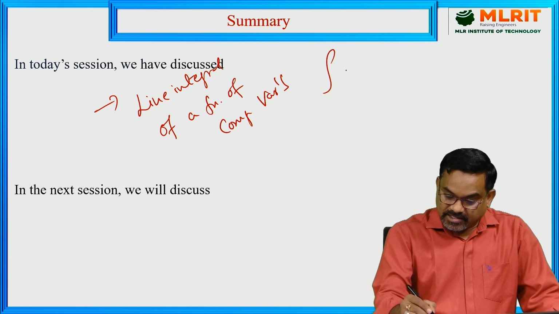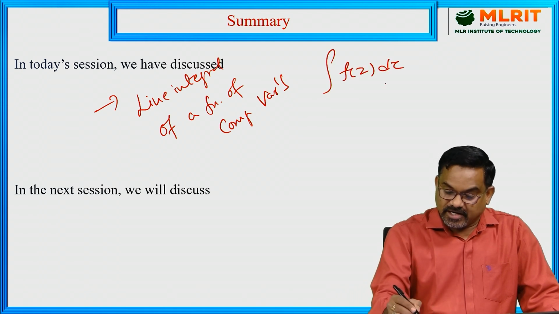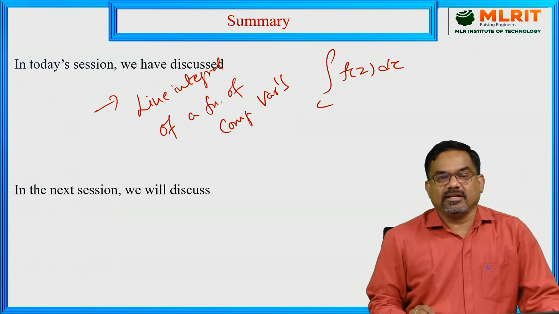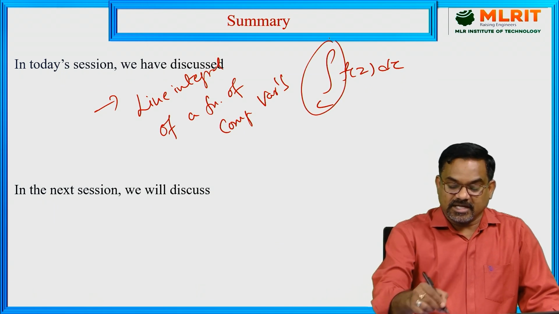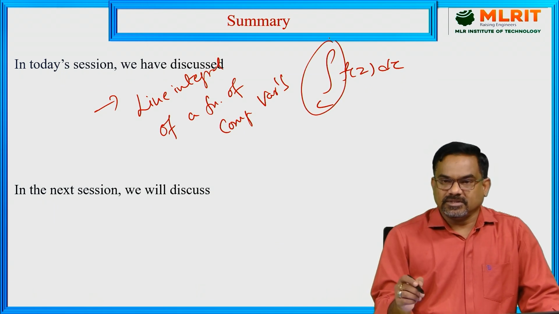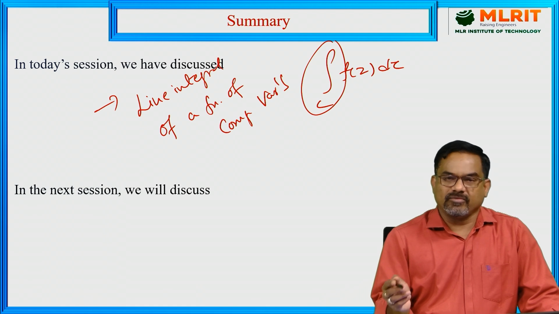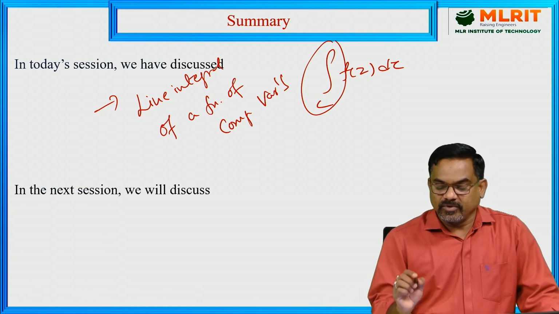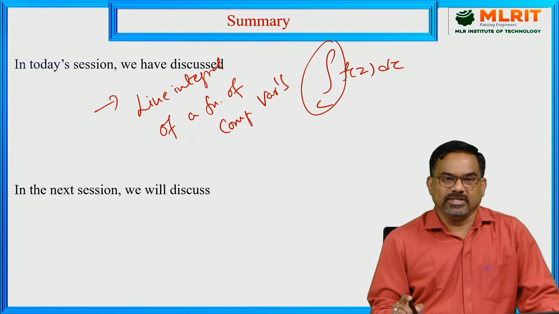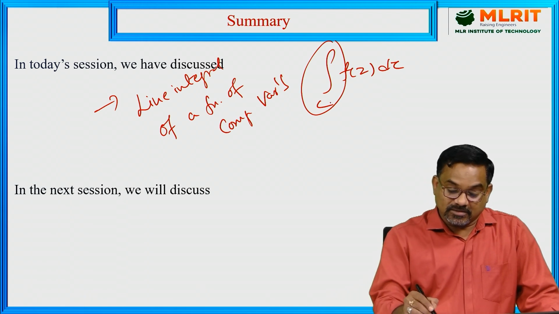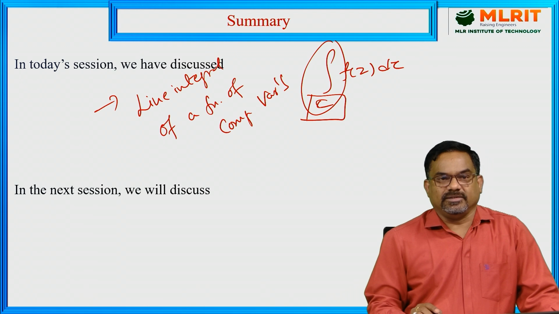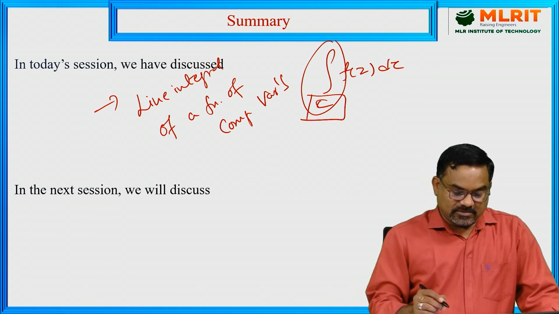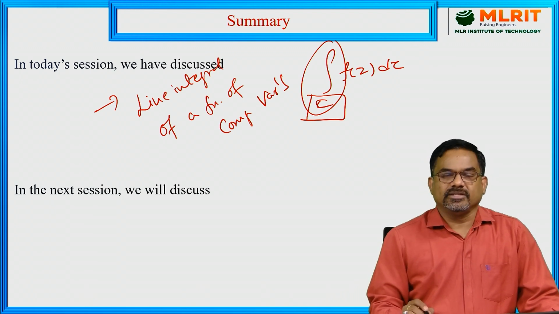So the line integral of f of z dz along a line or a curve C. Since it is a single integral, we need to transform the variables x to y or y to x, or both in terms of some other variable, and then we integrate with respect to one variable only. For that, we use the given curve C. So this is for today's session, and we will meet in the next session. Thank you.